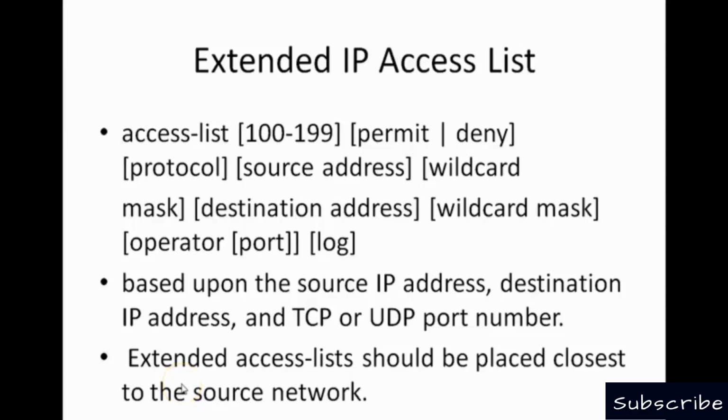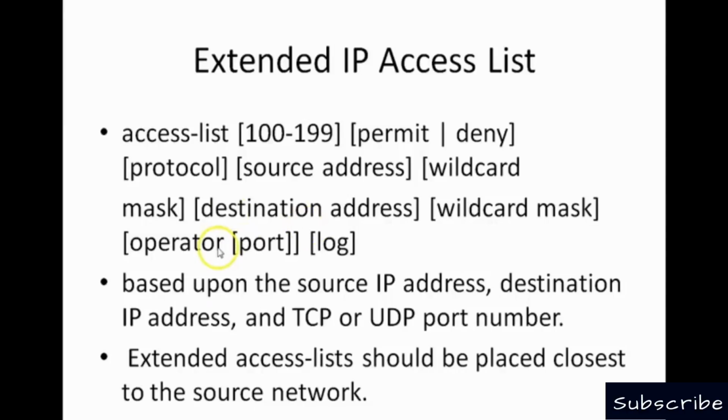Next we will discuss the extended IP access list. It's a little bit different from the standard access list. It is a source and destination based access list, and there are more facilities available in the extended access list, like you can deny traffic on a port basis as well as a protocol basis.